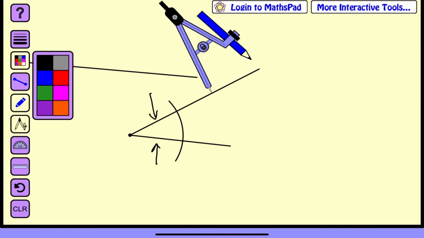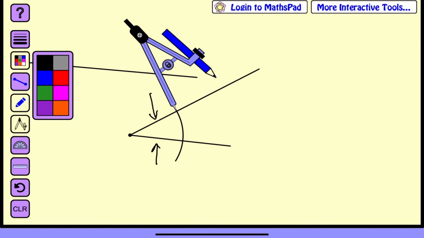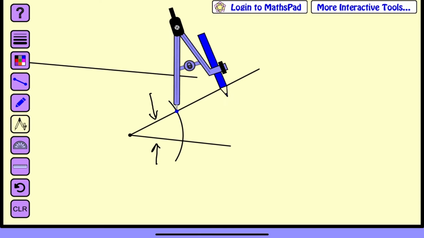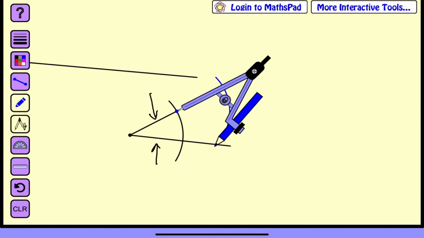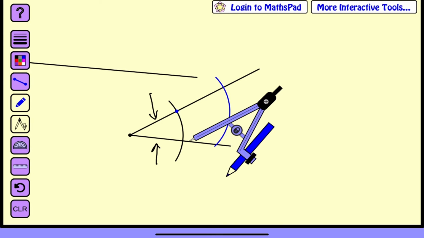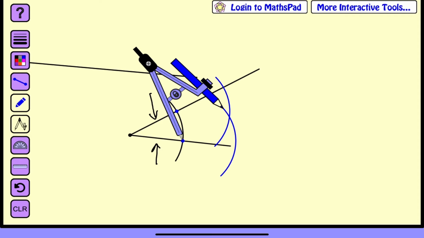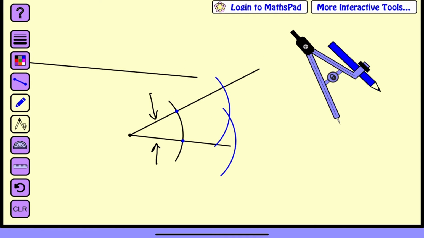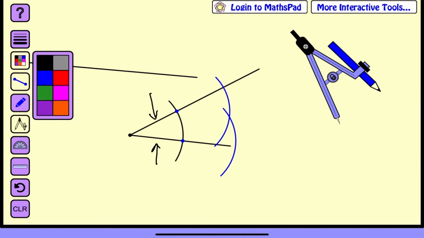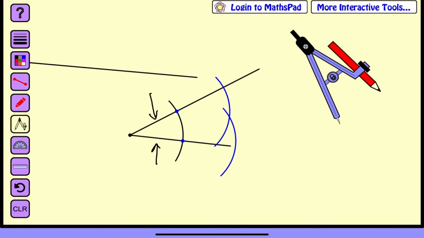I'm going to use the black or blue color. So how it's done is this. I will put my compass at this point, fix it at the length, and then I draw an arc. Then I put my compass at this point here, at the same fixed length, and draw an arc. Then you will see that I'm able to draw a line that connects them.